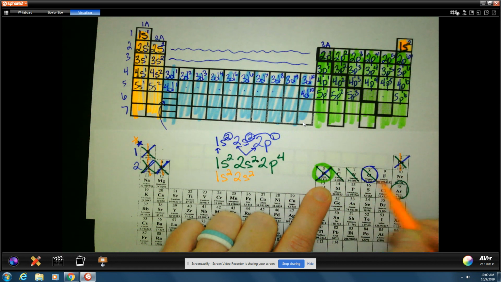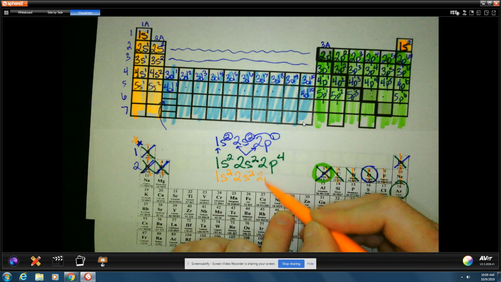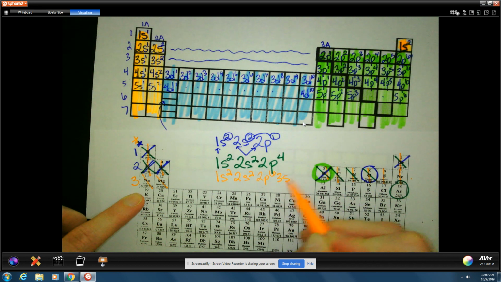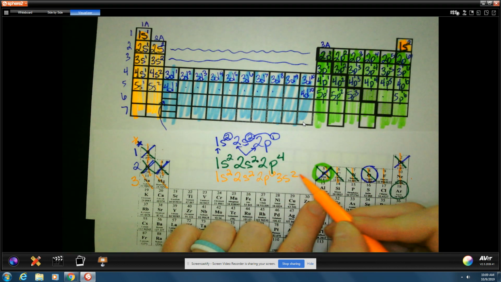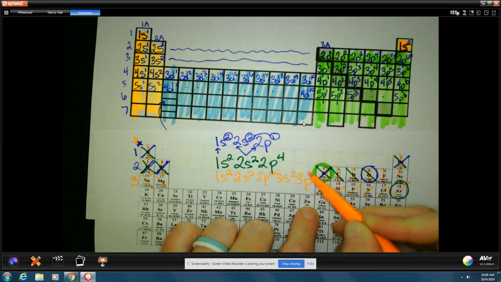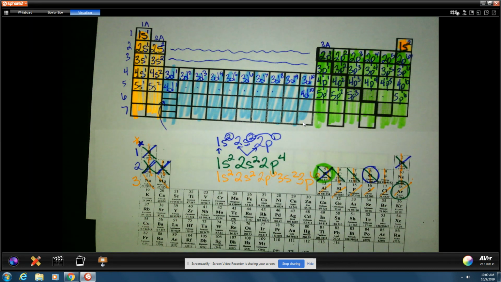Energy level 2, P block this time, I'm going to make my way all the way over, which is 6. 2p6. And energy level 3, I have 2 in my S block. And then I get over here, and it's energy level 3, P block, 1, 2, 3, 4, 5, 6. So I'm going to put a 6. Woo, there's my electron configuration for argon.